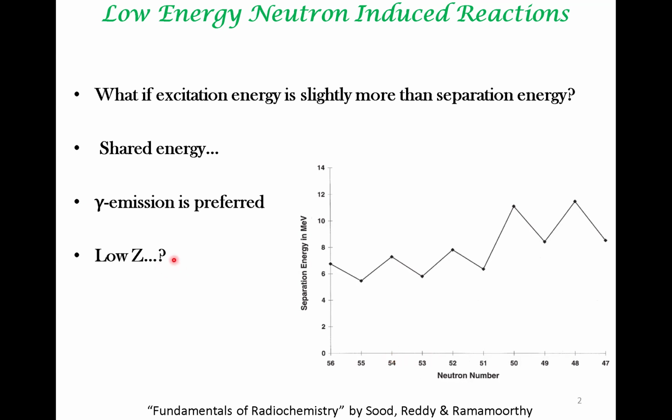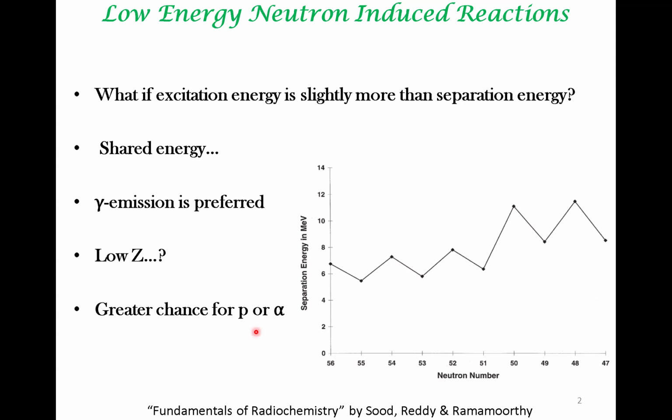Because of this feature, for low Z nucleus, the proton emission and alpha particle emission start competing with gamma photon emission. While typically only gamma photon emission is seen for high Z nucleus when excitation energy is slightly more than separation energy, for low Z this becomes more possible. So that's the difference between low Z and high Z.